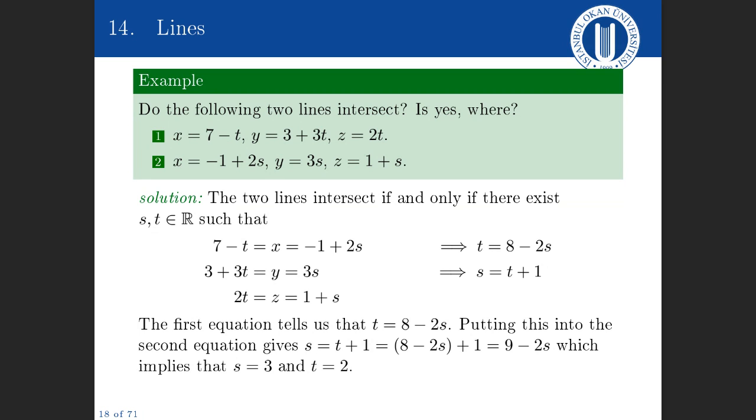So to recap, if we use s is equal to 3 and t is equal to 2, then we know that the first equation and the second equation are true. And then comes the time to look at the third equation. Is the third equation also true?